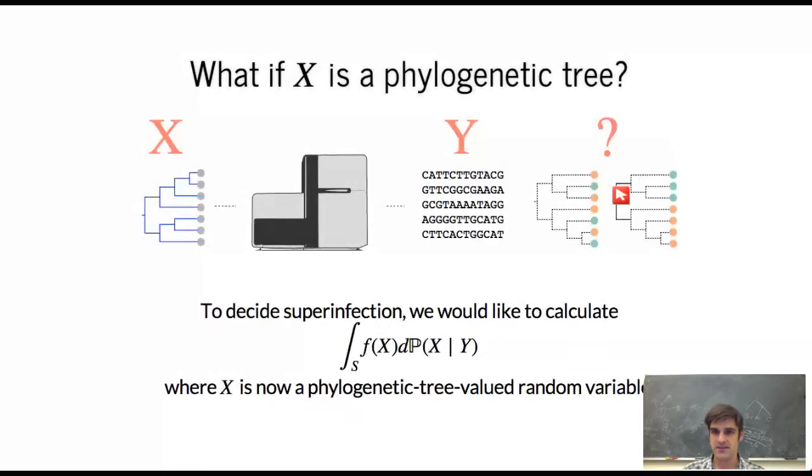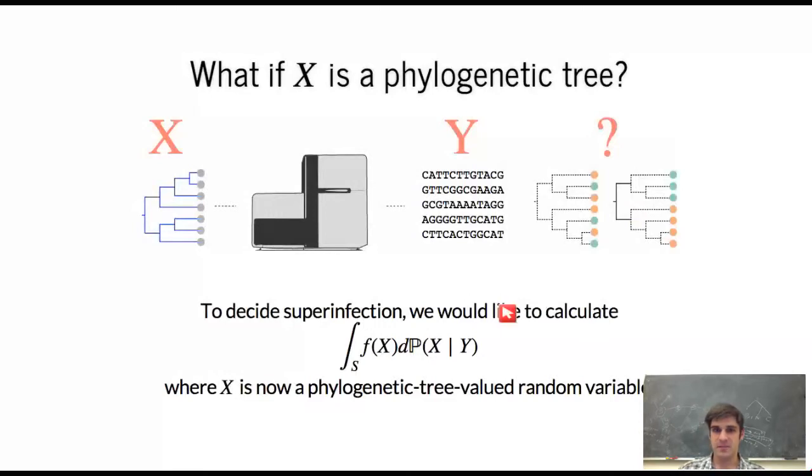So, for instance, if these orange ones are the first time samples, and the green ones are the second time samples, this is what something might look like if you were to have a single infection. But perhaps if you have two separate infections, if somebody got HIV again in between the two testing time points, you might see something that looks like this.